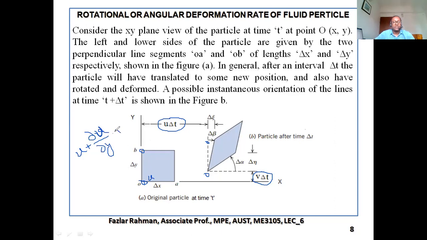So your h in that case will be delta y. That's why B travels more distance than point O.